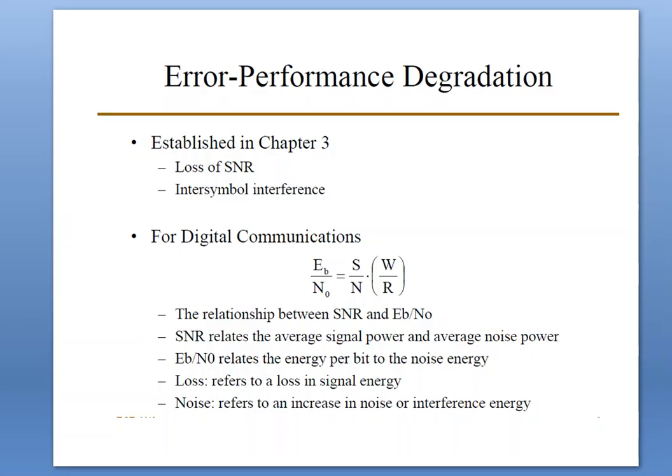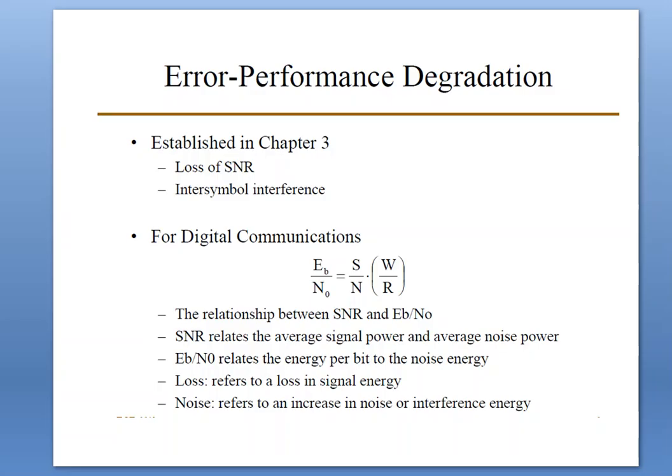In other words, Eb/N0 is a measure of normalized signal to noise ratio, or S/N. Unless otherwise stated, SNR refers to average signal power and average noise power. The signal can be an information signal, a baseband waveform, or a modulated carrier.